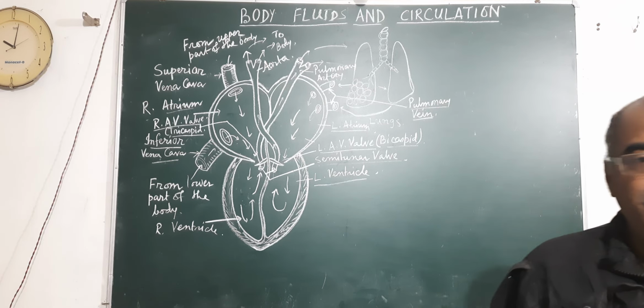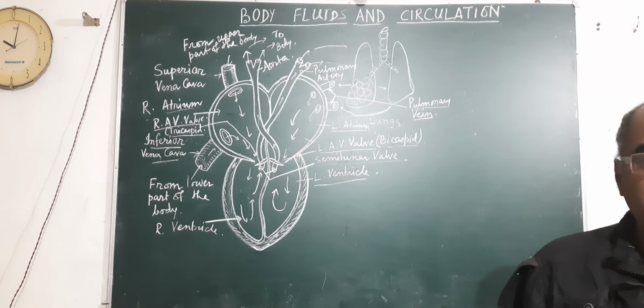Now I am giving a quick recap. So the quick preview, you please see what are the things today I am going to explain. Blood grouping, then Rh groups, then erythroblastosis foetalis, which is very important, how it occurs, types of blood vessels, ECG.